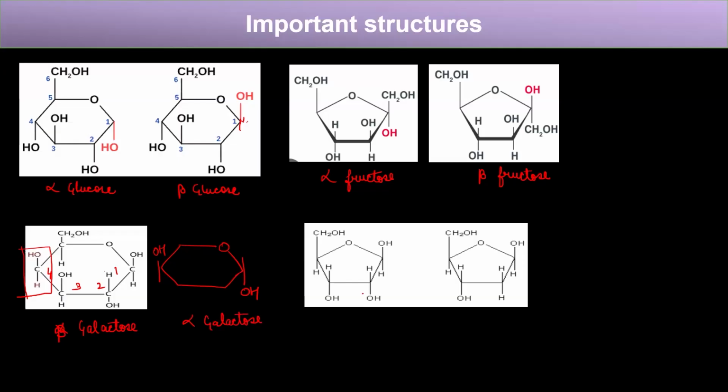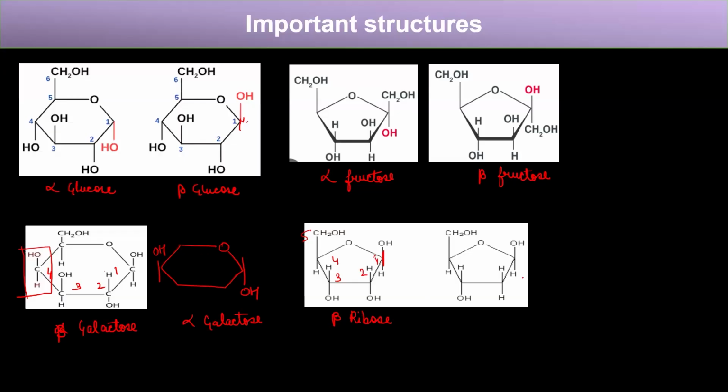Now, what is the next structure? How many carbon molecules do we have? We have 1, 2, 3, 4, and 5. So this is a 5 carbon molecule with a furan ring. It is known as ribose. And since the OH on the carbonyl carbon is above, it will become beta ribose.